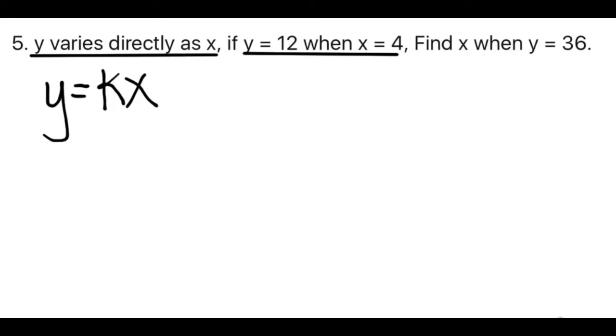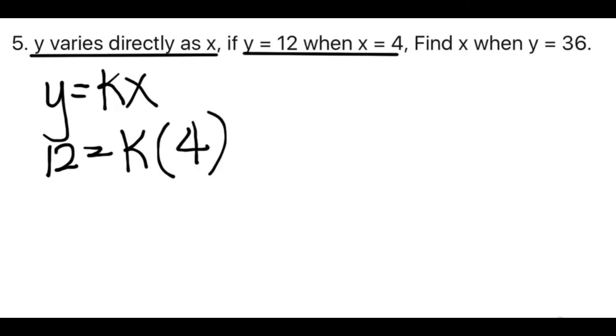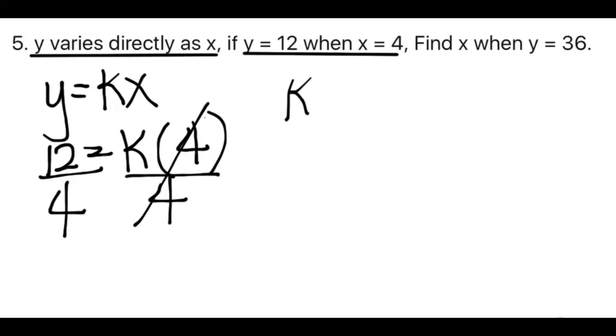So we have y equals 12 and then x equals 4. So palitan lang natin yung value ng y, which is 12, equals k times yung value ng x, which is 4. And then, we need to divide both sides by 4 for us to cancel it out. So 12 divided by 4, so the value of k is 3.